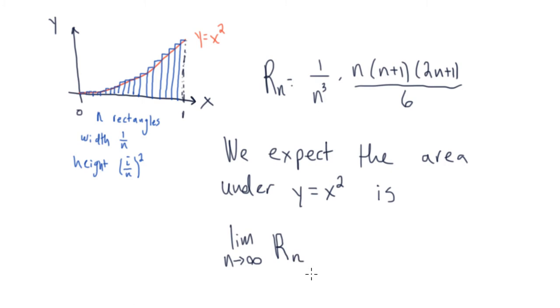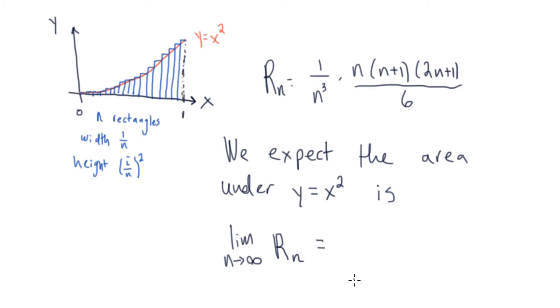And that's actually true. We have not justified that, but I think the intuition is clear. As we use more and more rectangles that are getting skinnier and skinnier, they're better approximating the area in each little small slice, if you will, of the actual area.